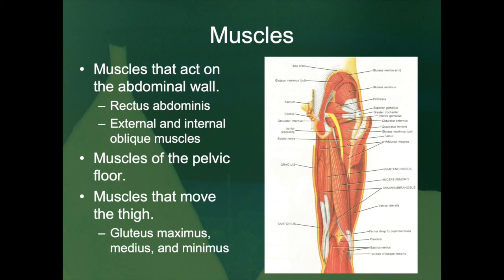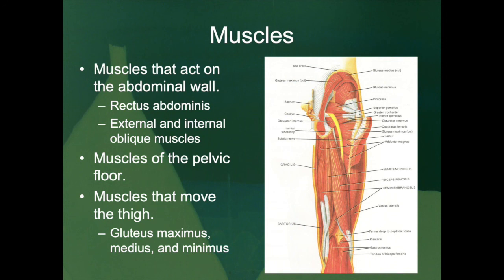So the gluteus medius and the gluteus minimus both originate with the ilium of the pelvic girdle, whereas the gluteus maximus is going to originate with that iliac crest. Then the greater trochanter of the femur is the insertion point for the medius and the minimus. Now, the medius and the minimus abduct and rotate the thigh, whereas the gluteus maximus extends and rotates the thigh laterally.